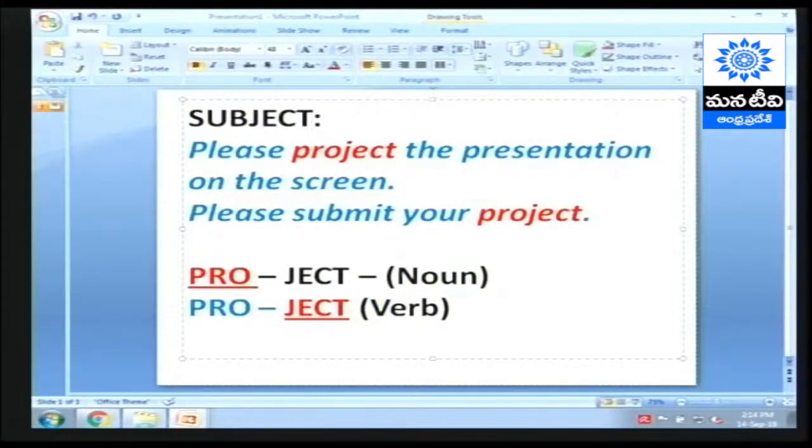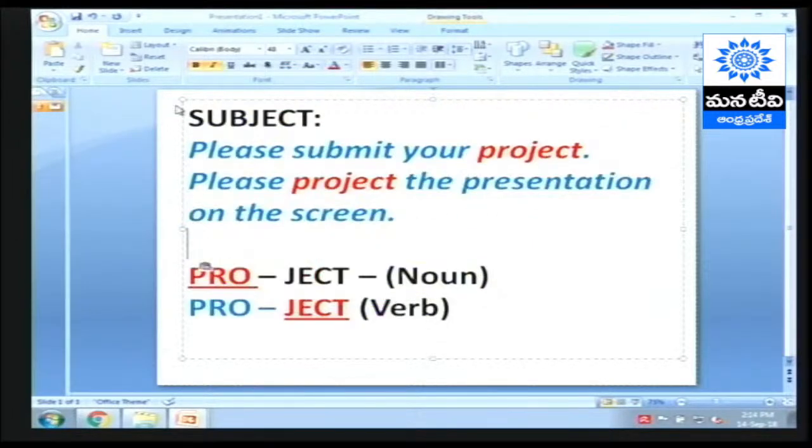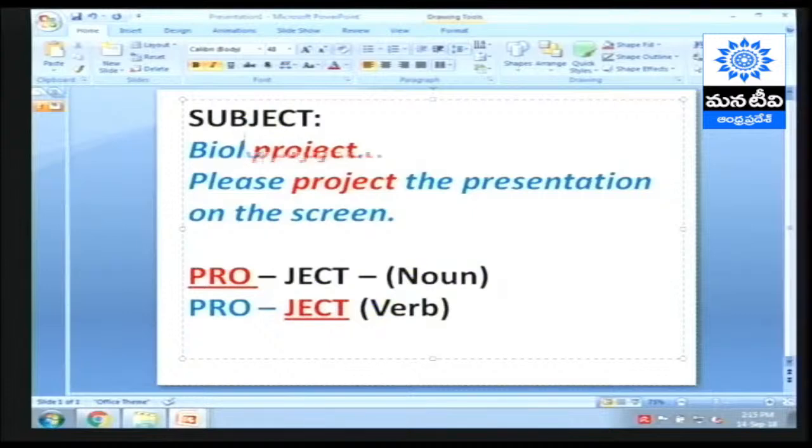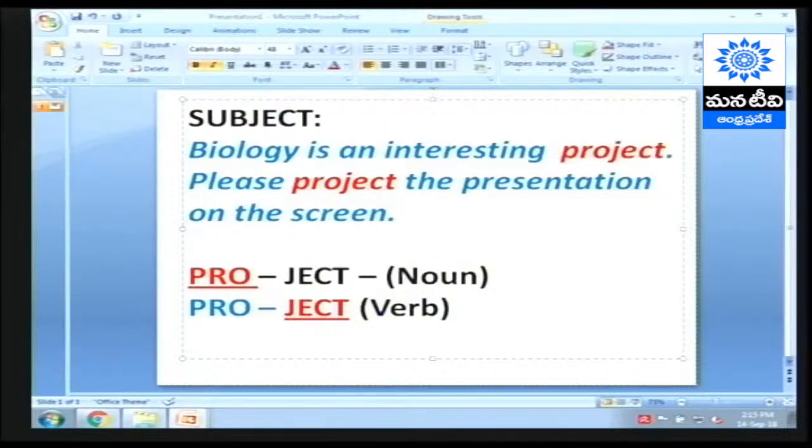subject. Okay, I'm going to move this down so that I can use the noun as the first example. So let me use the example. Biology is an interesting SUBject. I'm stressing on the first syllable. So I say biology is an interesting SUBject.